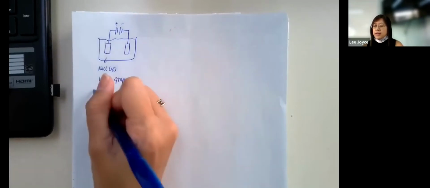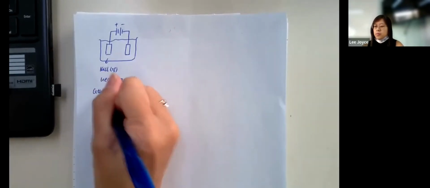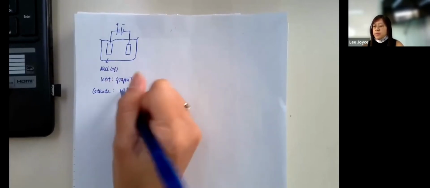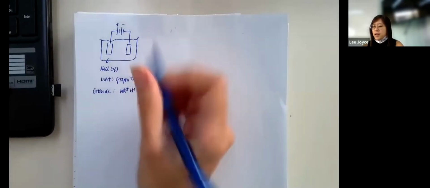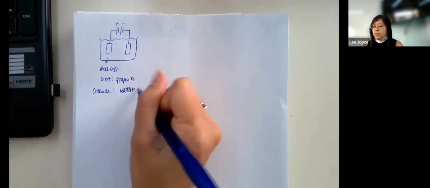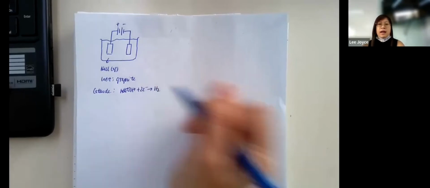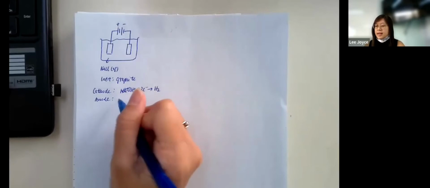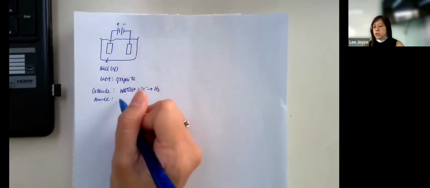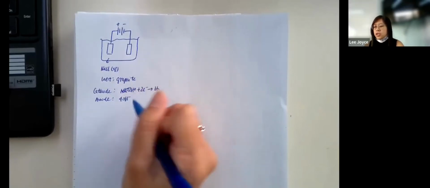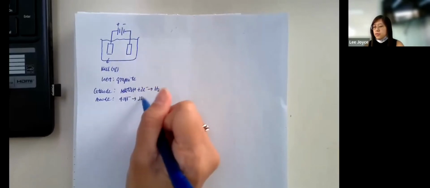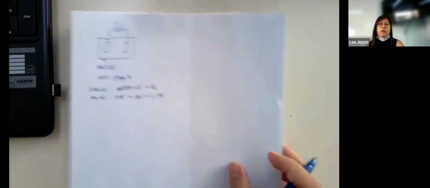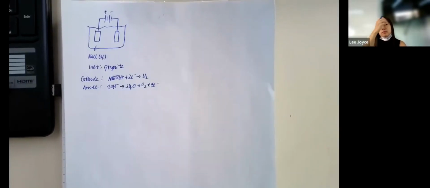At the cathode, the H+ ions are attracted towards the cathode to undergo reduction to form hydrogen gas. At the anode, we said that the hydroxide ions undergo oxidation to form water and oxygen, by losing 4 moles of electrons.